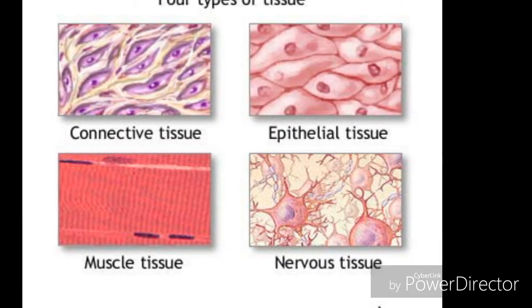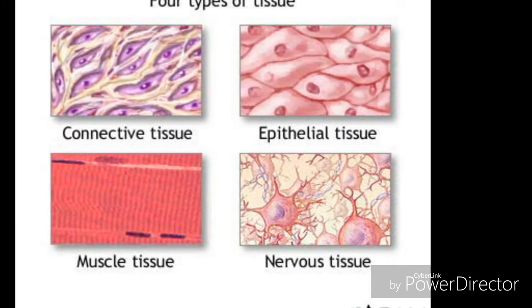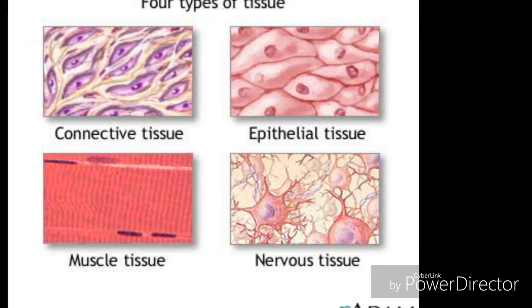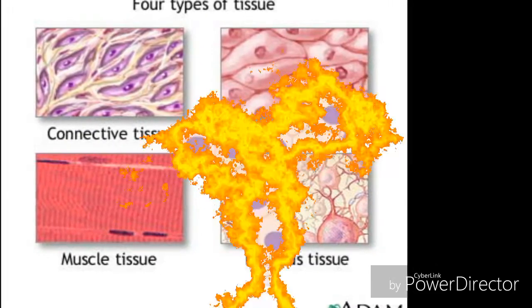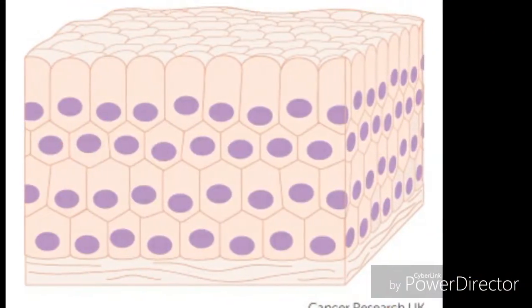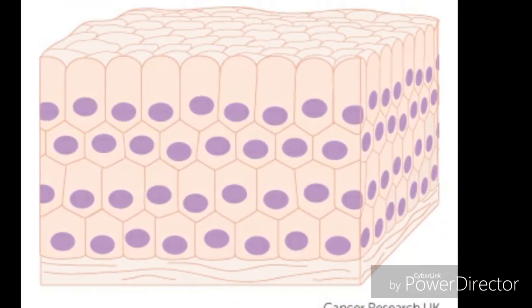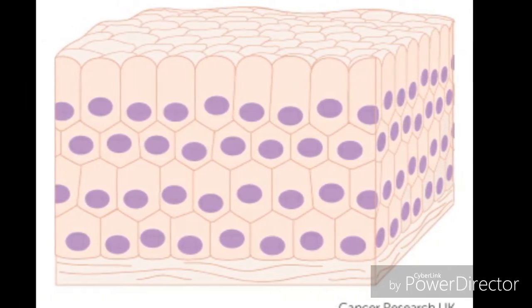Epithelial tissues play an important role in regulating the exchange of material between the body and the external environment, and also between different parts of the body. Blood vessels and lungs, alveoli, where transportation of substances occurs through a selectively permeable surface.